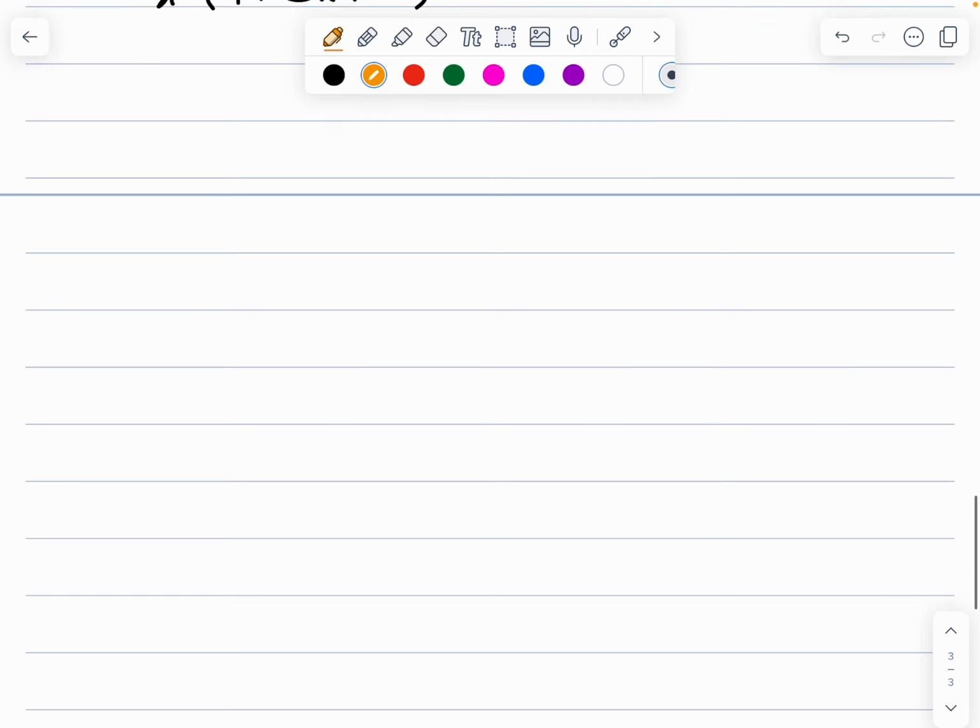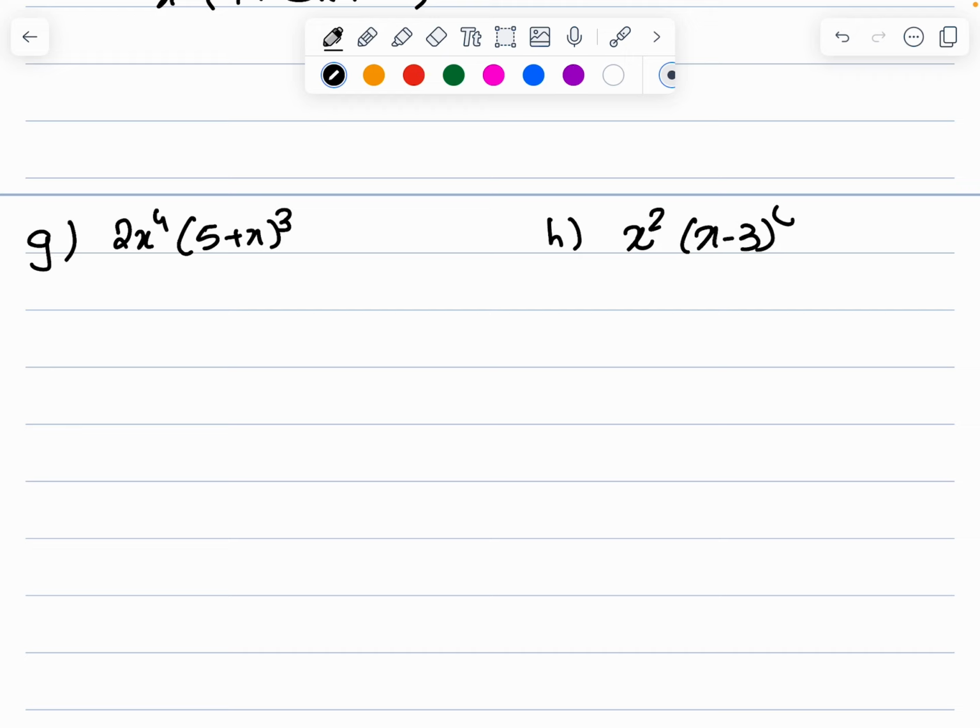G and H, two more questions of this kind. 2x to the power of 4 times (5 plus x) whole cube, and H will be x square times (x minus 3) whole power 4. How should I solve this one? So for this, 2x to the power of 4 as it is, then times 3 times (5 plus x) whole to the power of 2 times 1.